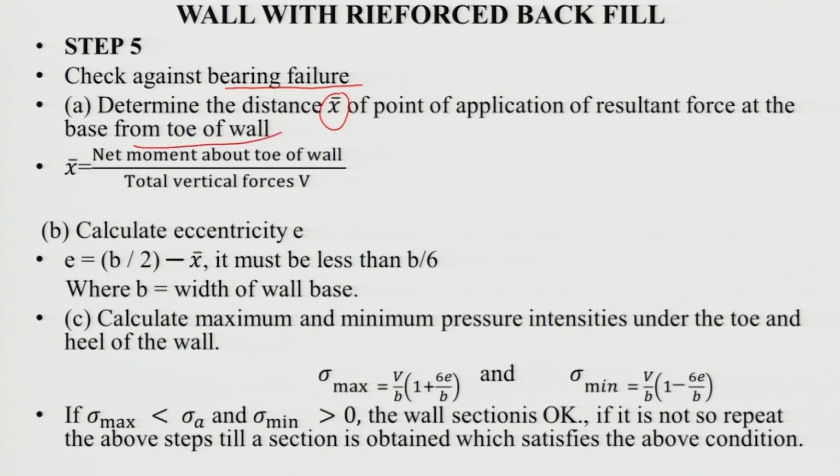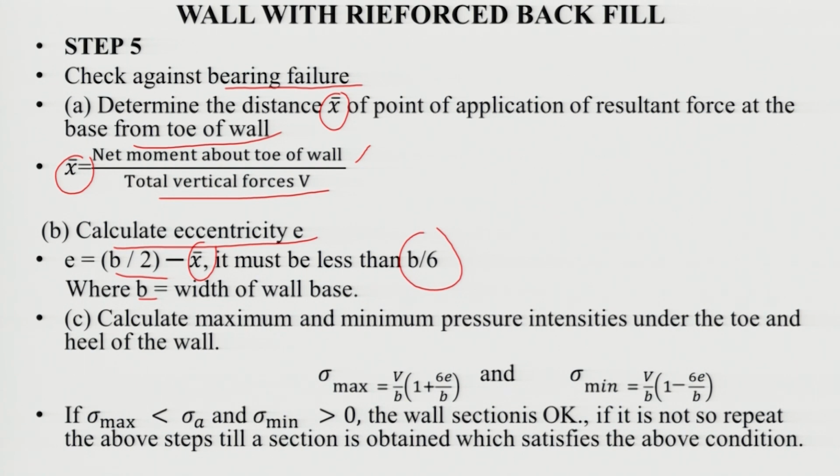Here x bar will be net moment about the toe of the wall divided by total vertical forces V. Now calculate eccentricity e. e will be equal to B by 2 minus x bar. It must be less than B by 6, where B is equal to width of the base of the wall.